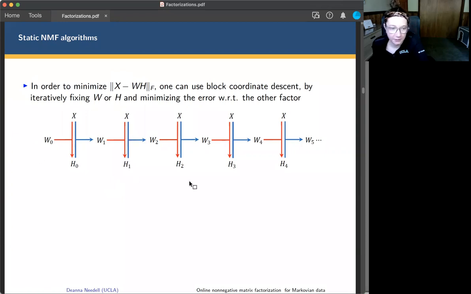So that schematic can be written up in this way, where X in this case is static, so it's just the same constant data matrix, and we're fixing W0, solving for H0, fixing H0, solving for W1, and so on and so forth, and hoping that these iterates do actually converge to the minimizers here.